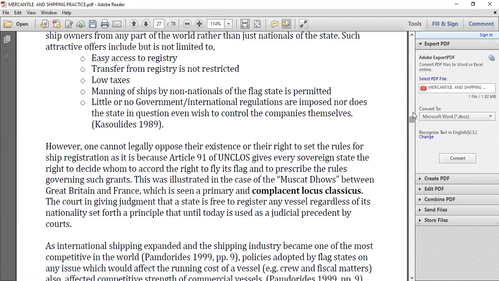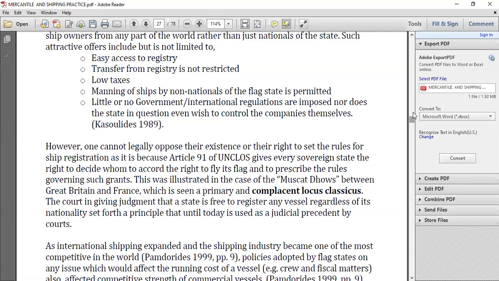However, one cannot legally oppose their existence or their right to set the rules for ship registration, because Article 91 of the UNCLOS gives every sovereign state the right to decide whom to accord the right to fly its flag and to prescribe the rules governing such grants.